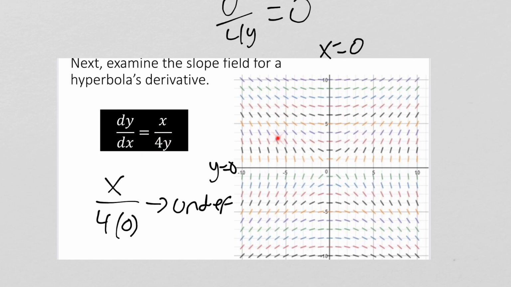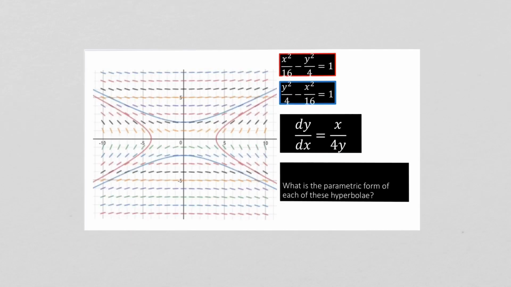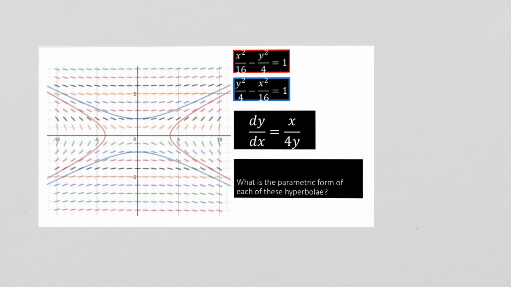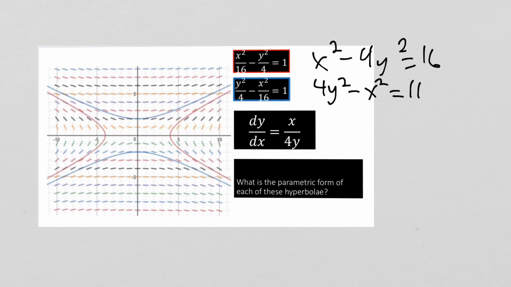So we can see how changing x and y affects the slopes of the hyperbolas that follow this kind of path. So here's a couple of them. Notice that it doesn't matter if it opens vertically or horizontally. It can still be modeled by this slope. And again, that comes from the fact that if we multiply through by 16, we're going to get x squared minus 4y squared equals 16, or we're going to get 4y squared minus x squared equals 16.